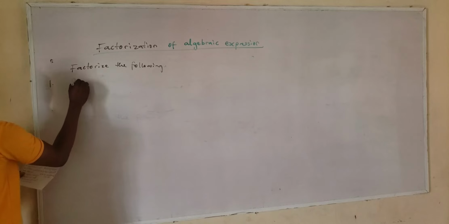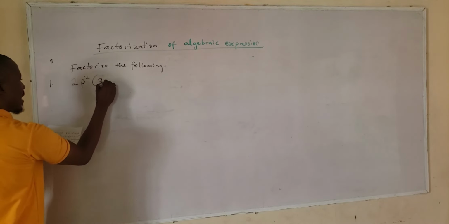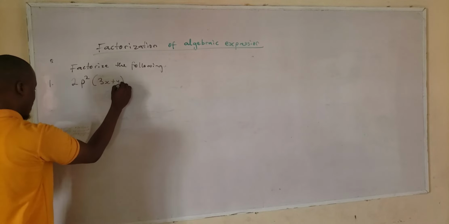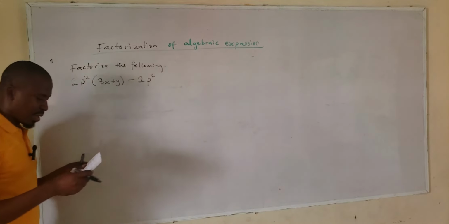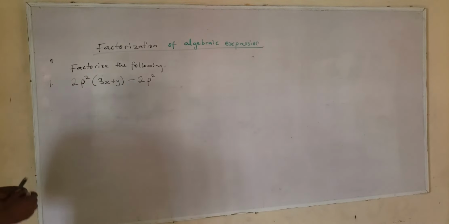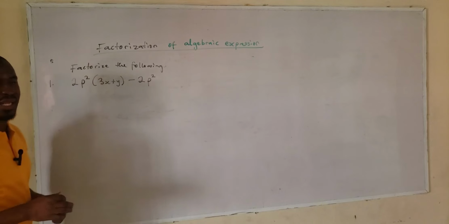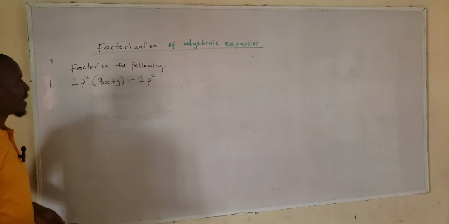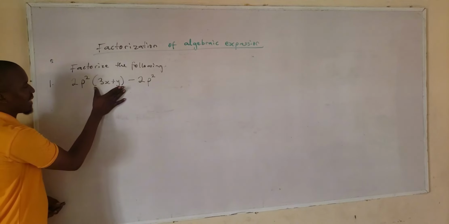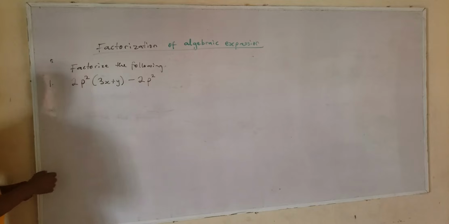So I have 2p squared into (3x plus y) minus 2p squared. This is what I want to solve. Like I said, these ones are a little bit larger algebraic expressions, because you can see there is a number in bracket here. So what do we do?